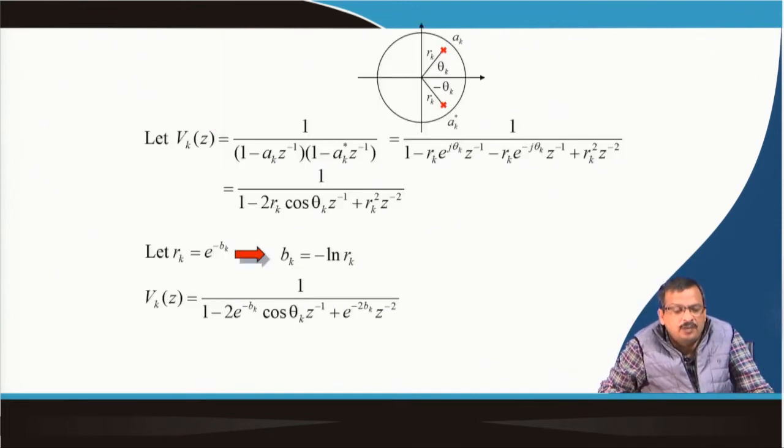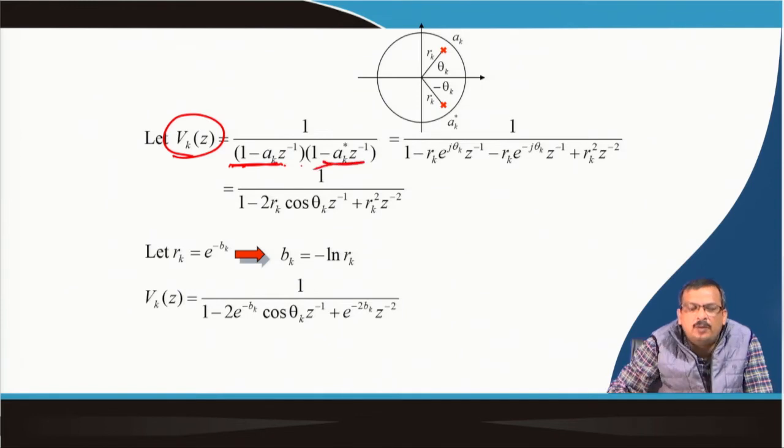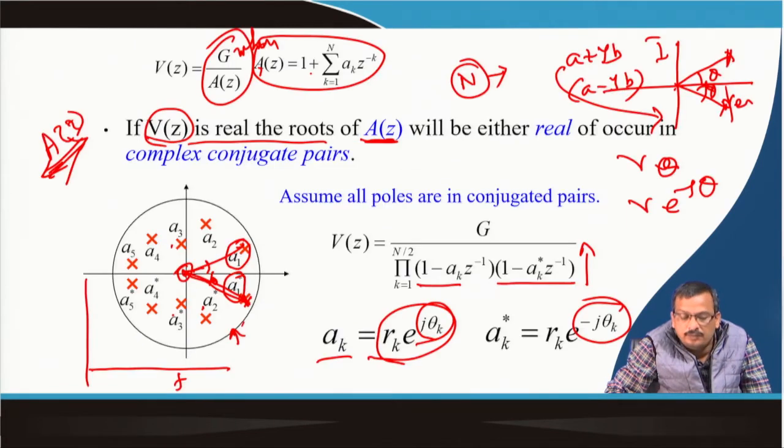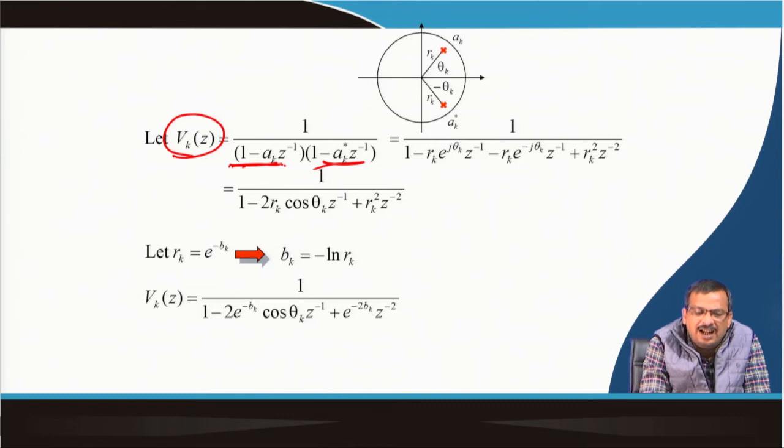Let us say I have n number of poles, so I can plot them. Let us say this is rk, and two poles are there, with the system Vz equal to 1 over 1 minus ak z to the power minus k, a complex conjugate pole. Those are the complex conjugates, so I can write them in terms of theta.